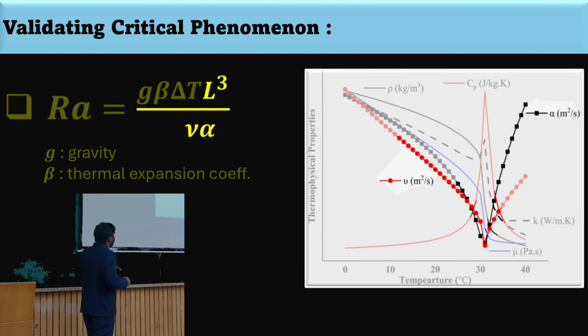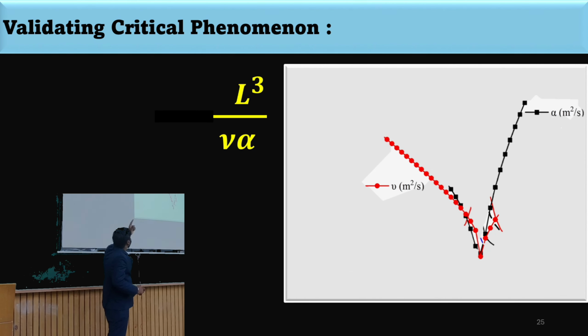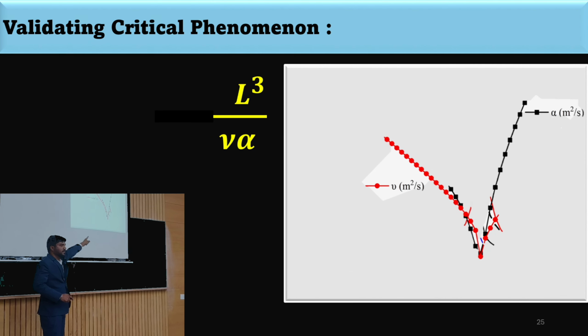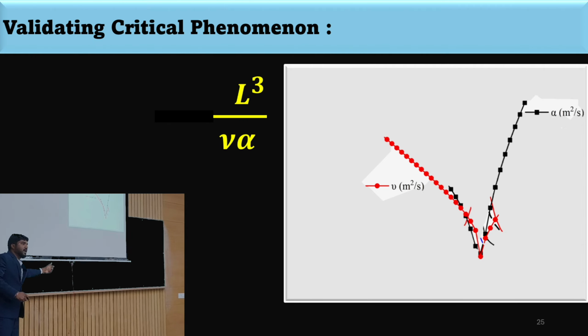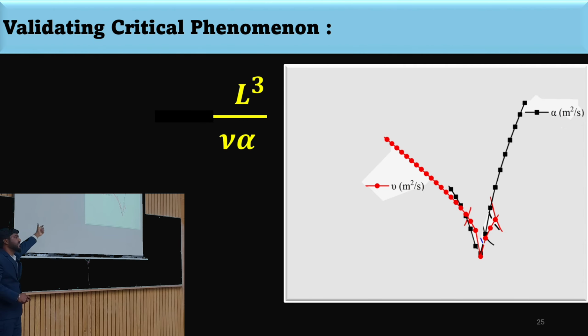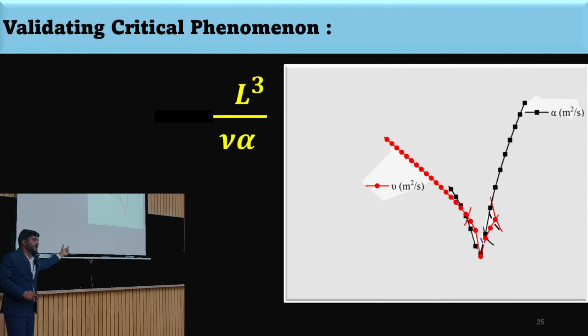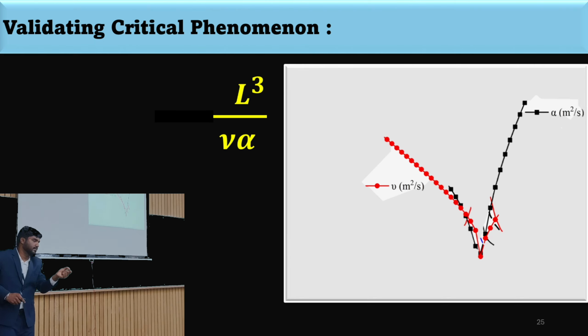This is quite interesting, right? As you can see, at the critical point, this mu and alpha decrease very sharply, right? So in order to have a constant Rayleigh number, the L has to be very small. This simply means that the characteristic length will be very much less.